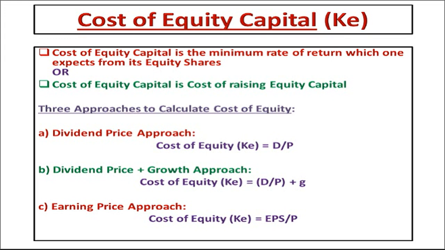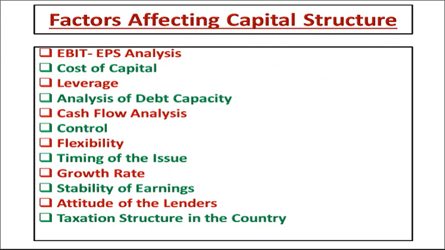Now let us move further to the various factors that affect capital structure. The various factors are: number one, EBIT EPS analysis. Number two is cost of capital. Number three is leverage. Number four is analysis of debt capacity. Number five is cash flow analysis. Number six is control.